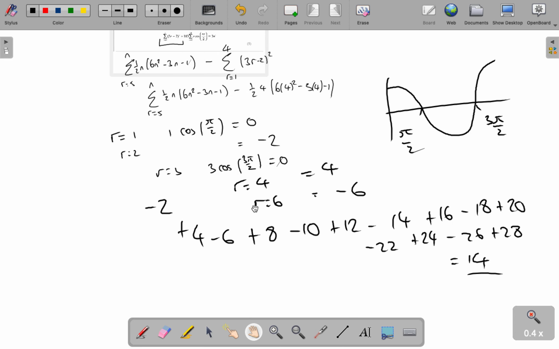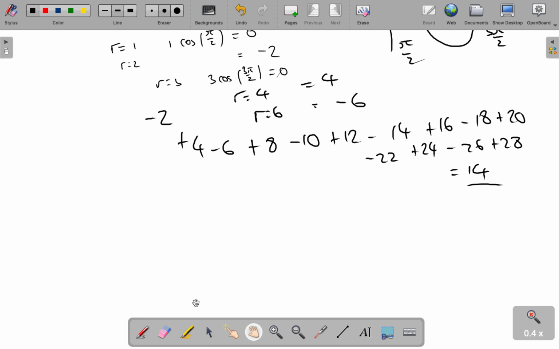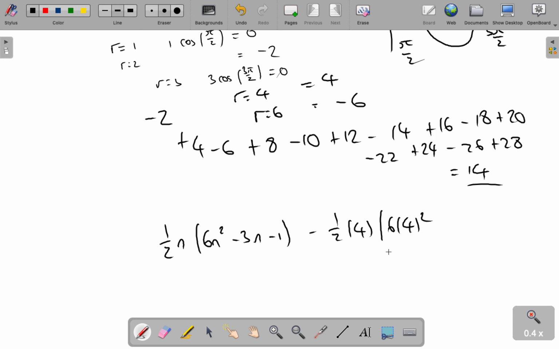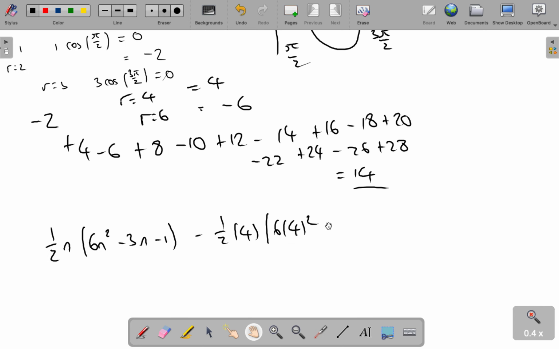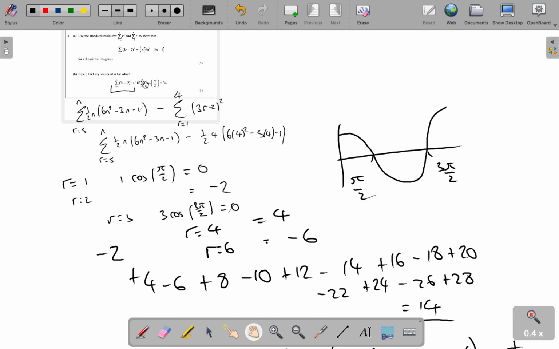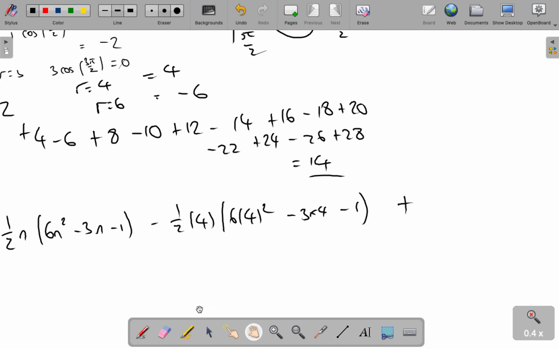So we're going to have a half n (6n squared minus 3n minus 1) minus a half times 4 times (6 times 4 squared minus 3 times 4 minus 1), and then plus 103 times the sum from 1 to 28 of r cos(r pi over 2), so that's 103 times 14, which is equal to 3n cubed.